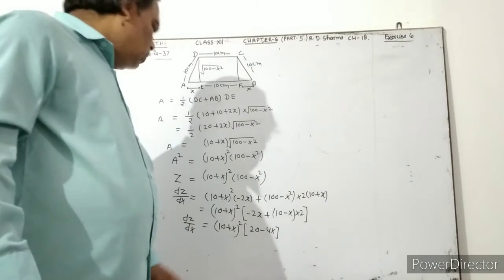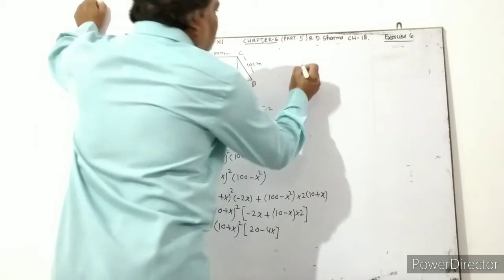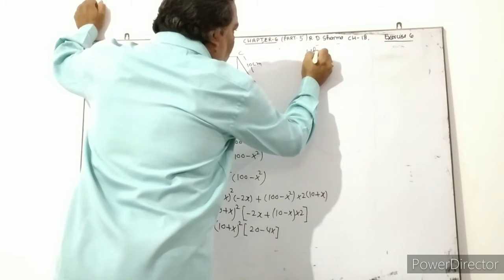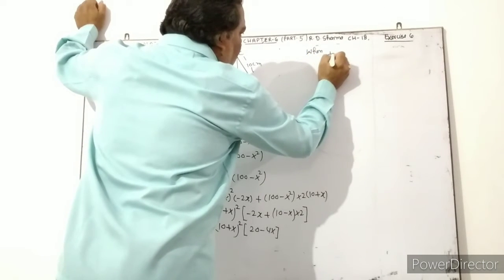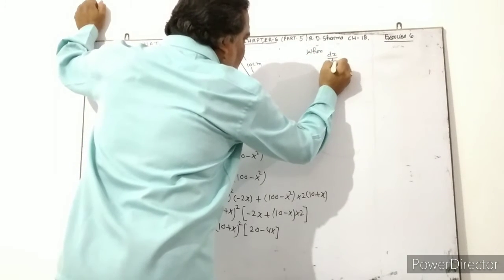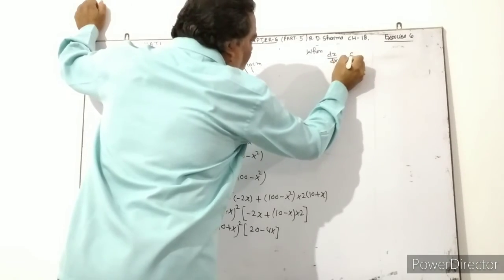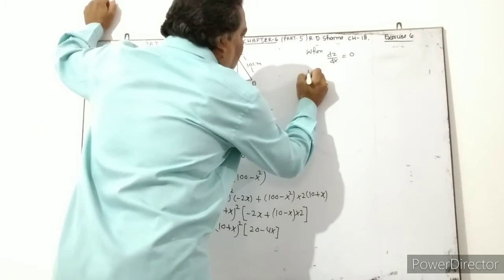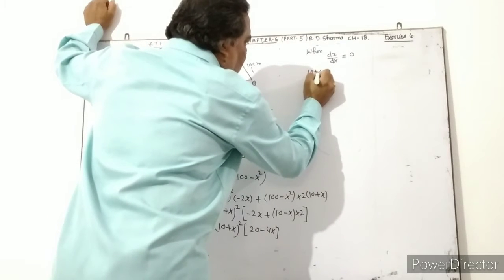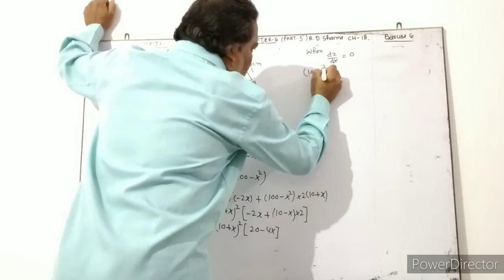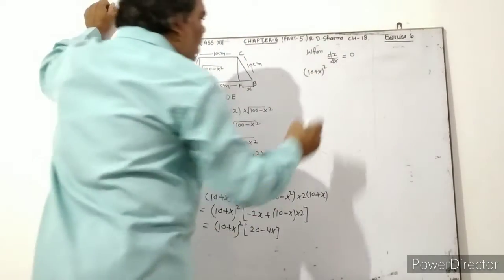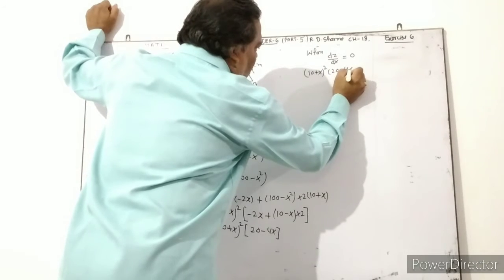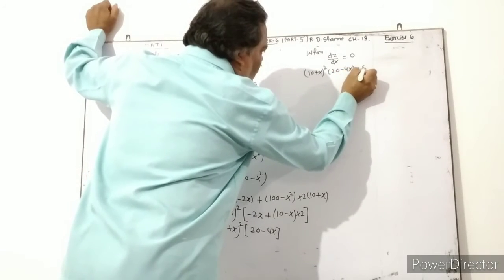Now when dz upon dx is 0, and this is 10 plus x whole square, and 20 minus 4x is 0.